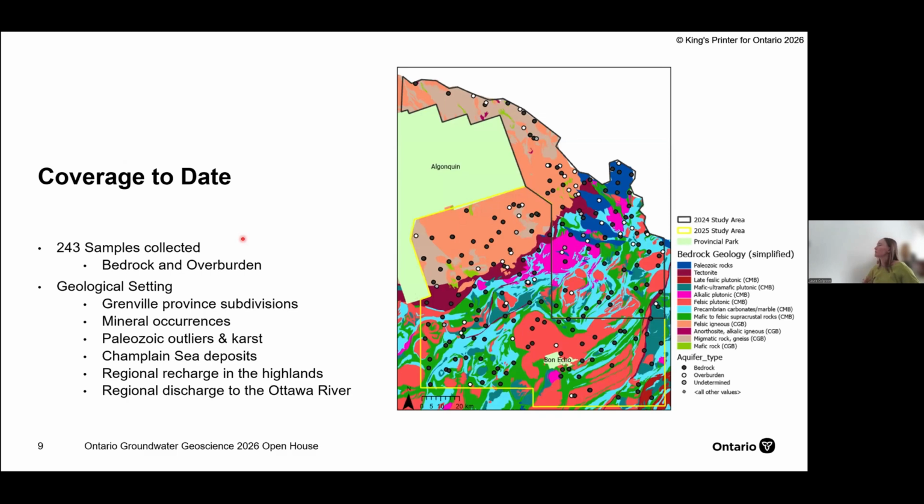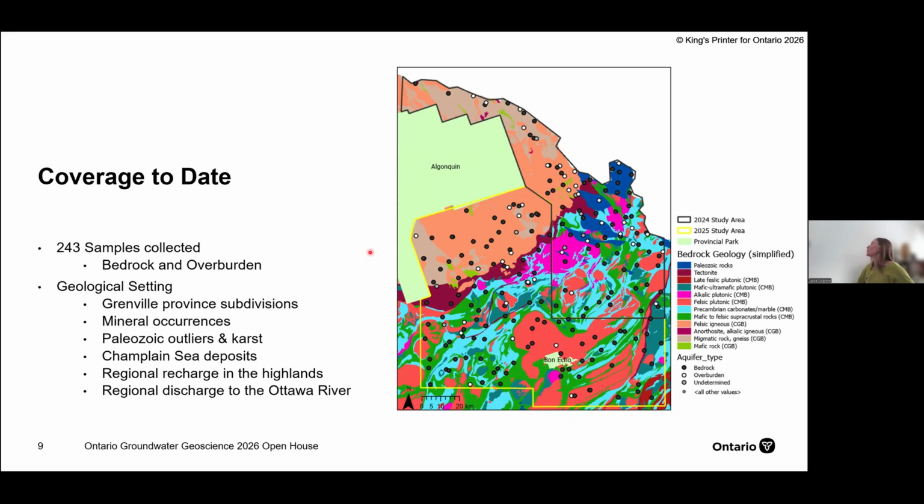There are a few different aspects of the study area that could be different geological controls leading to different chemistry. So this is the bedrock geology map that I have up here. And this is in the Grenville Precambrian province. But there's a major division that cuts across the study area.